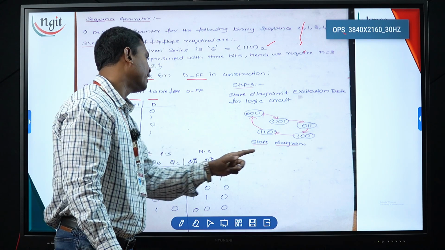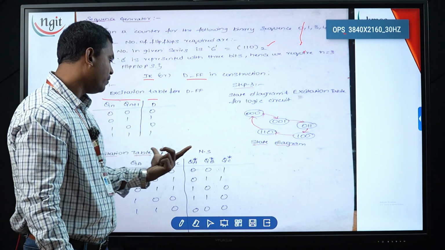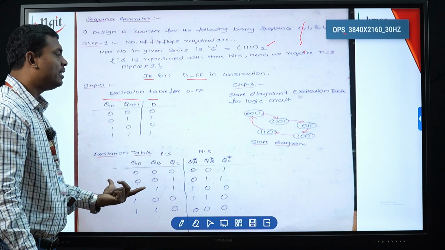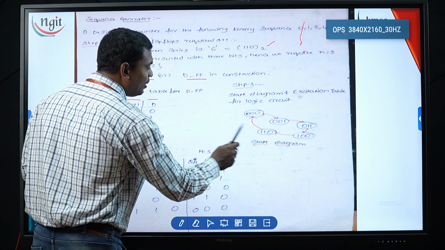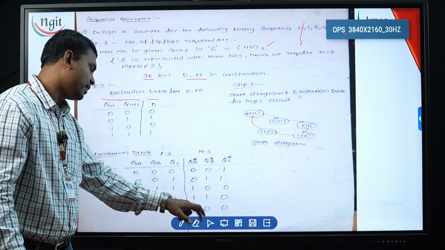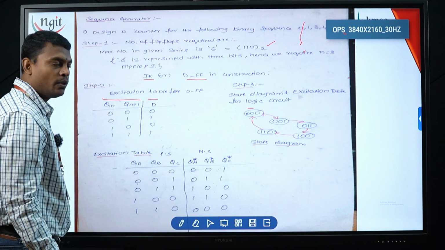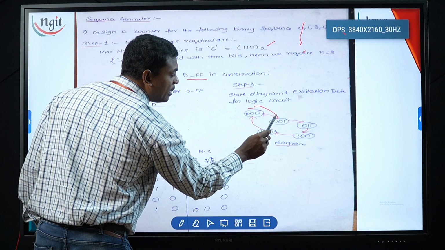So this is the state diagram. We got the excitation table, and in the next step we got the state diagram. Now let us write the excitation table based upon these two. This is my present state, this is my next state. If my present state is 0, the next state is 1.